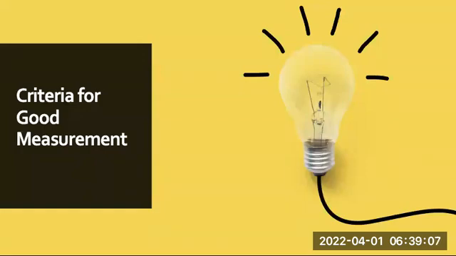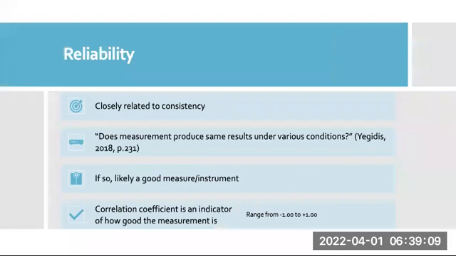So, criteria for good measurement. Reliability: we can demonstrate that it produces consistent results when measuring the same object or individual in a variety of situations and under different conditions. And validity: we can demonstrate that it actually measures what it claims to measure.